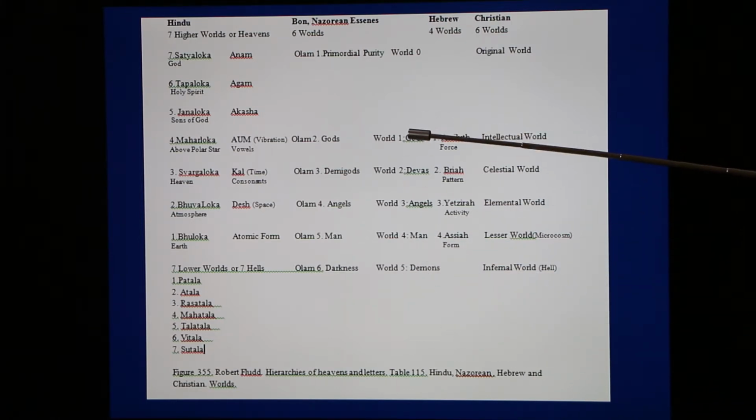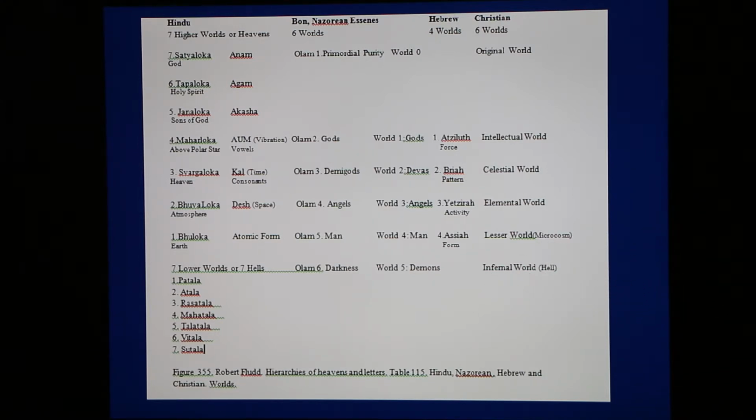And often we just get these 4 mentioned, so it becomes Atzilut, Bria, Yetzirah, and Asaya, or Asya, from which we get force, pattern, activity, and form. In the Christian, we have 6 worlds again: the original, the intellectual, the celestial, the elemental, the lesser world of the microcosm, and then the infernal world of hell.